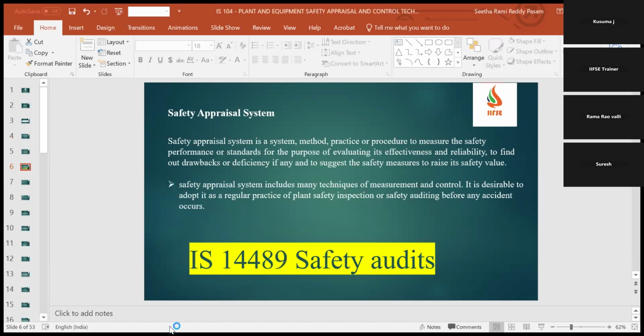When I say safety appraisal system, it is not about how the safety department is performing. People will be wondering whether the safety department is doing inspection, investigation, and housekeeping. They will be thinking so many things. Always in plants, people look at the safety team as just spenders, meaning there is no use from the safety department.